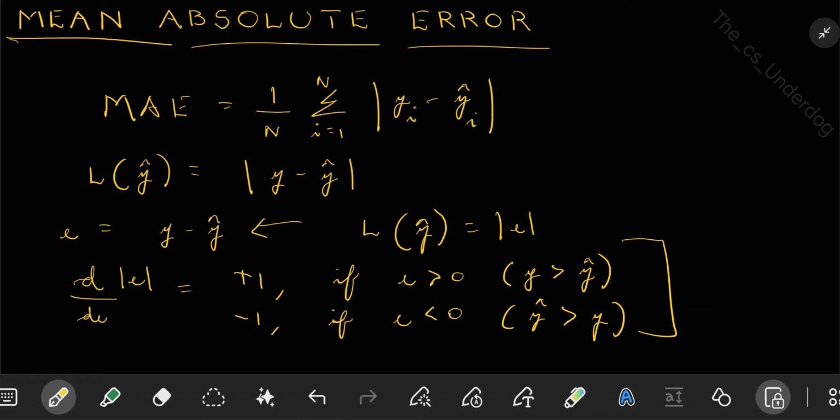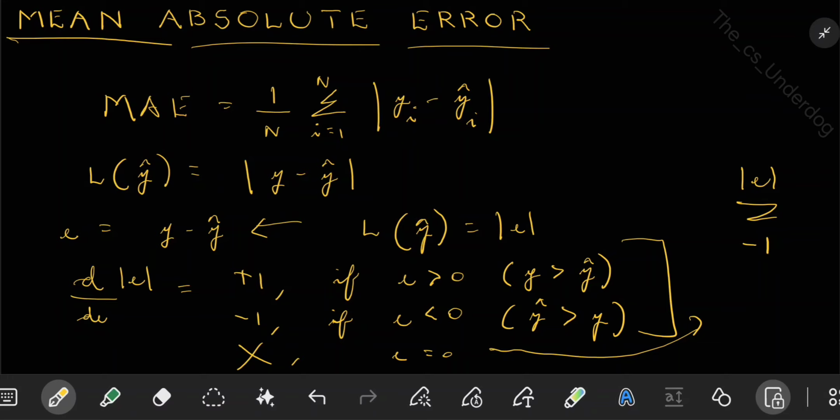And one more thing, what happens at E equal to 0? The modulus function at 0 is not differentiable. Why is it not differentiable? Because if you take the left derivative of mod E with respect to E, you will get minus 1.